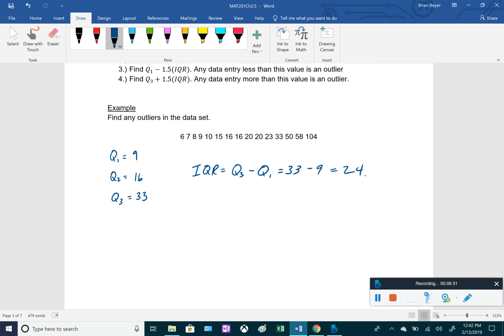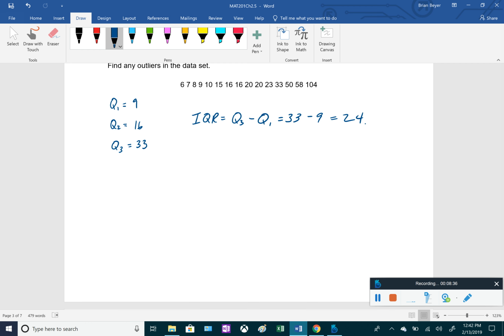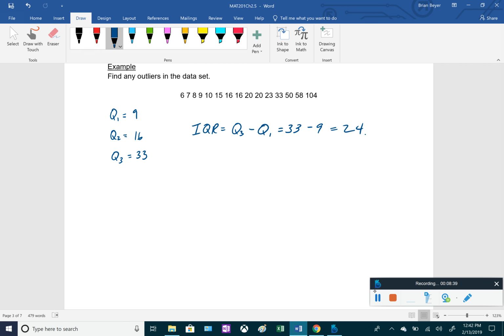And we're going to use that to find the outliers. It's going to be based on right up here. It's going to be Q1 minus 1.5 times the IQR. So this is going to be 9 minus 1.5 times 24. This is going to be 9 minus 36, since 1.5 times 24 is 36. And this gives us negative 27. The next one is Q3 plus 1.5 times the IQR.